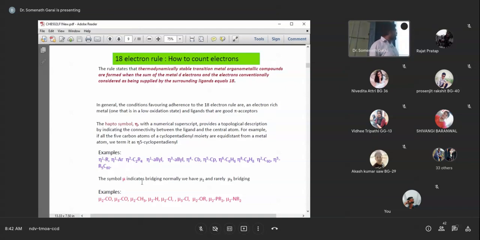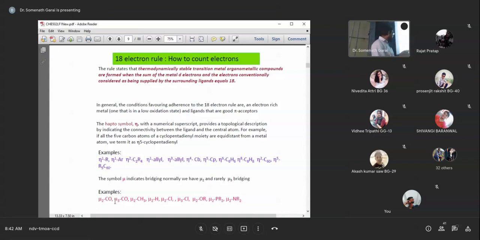Mu indicates bridging, right? Normally we have mu2, mu3, all of these bridging things. What does it mean? This means how many metals together are bound with that particular ligand. So mu2CO means the CO ligand is now bound with 2 metals.